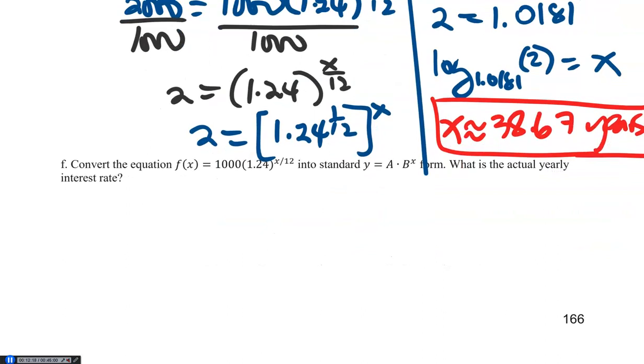Now, letter F, convert the equation f of x equal to 1,000 times 1.24 to the x over 12 in standard form. Y is equal to a times b raised to x, just like what we did here.